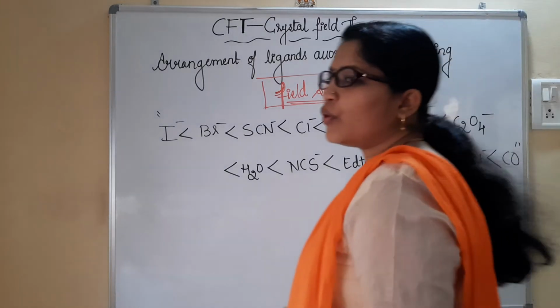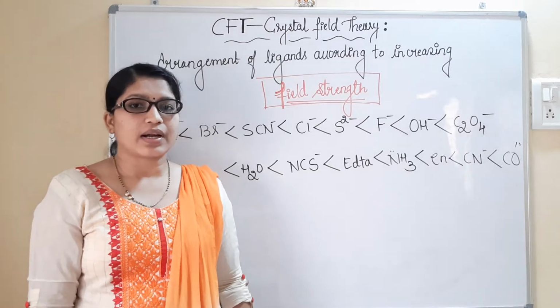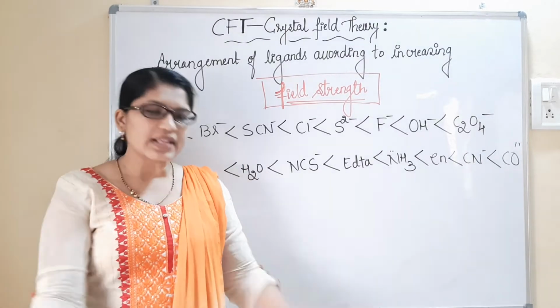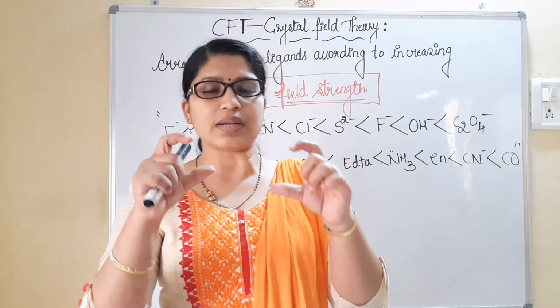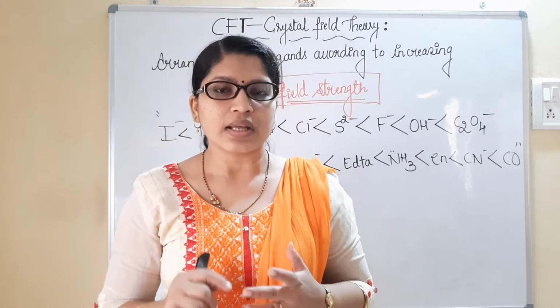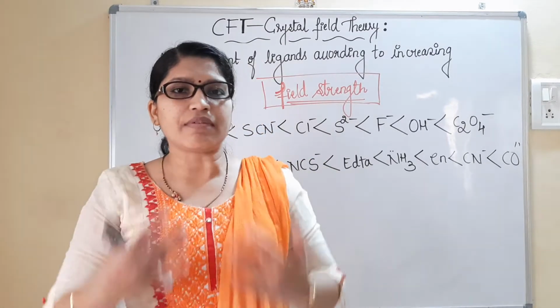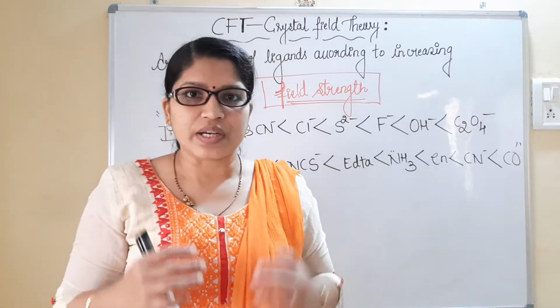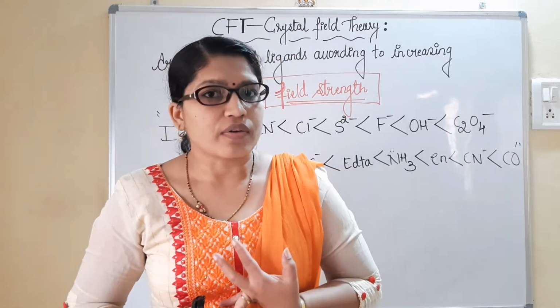Dear students, before I start with the tetrahedral complexes, I must tell you regarding the ligands. So for many discussions we have done in valence bond theory, but we couldn't get a clear picture or clear idea regarding strong field, weak field ligands. The clean and very well explanation can be given with the help of crystal field theory for weak field ligands as well as for strong field ligands.